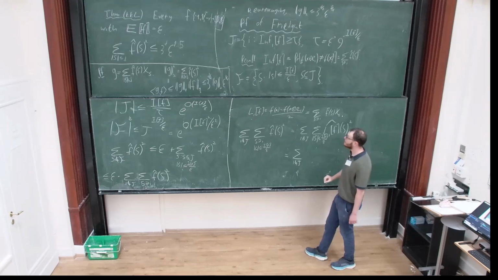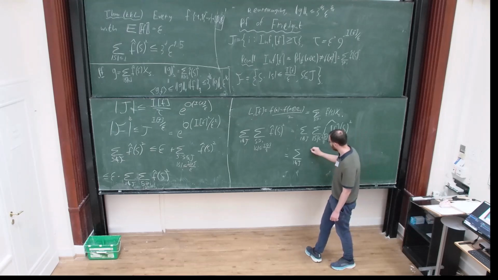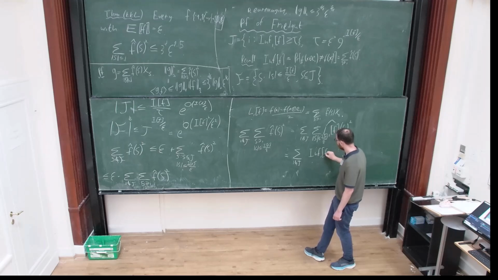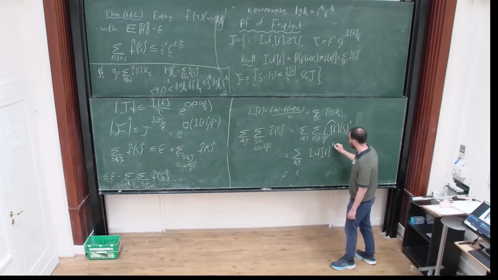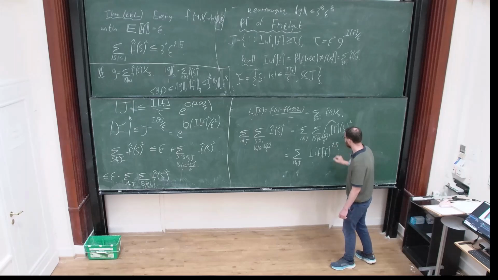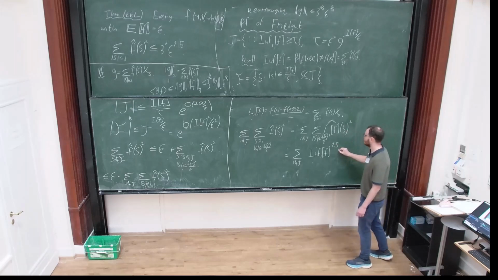So this is at most the direct influence to the power 1.5 times 3 to the d.